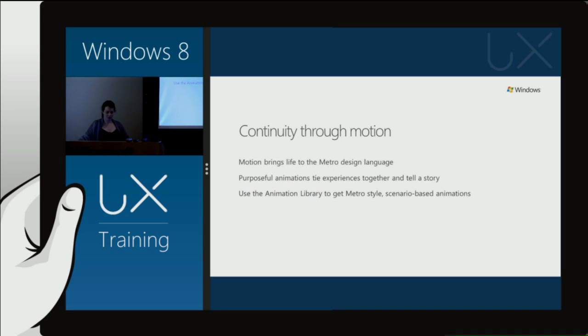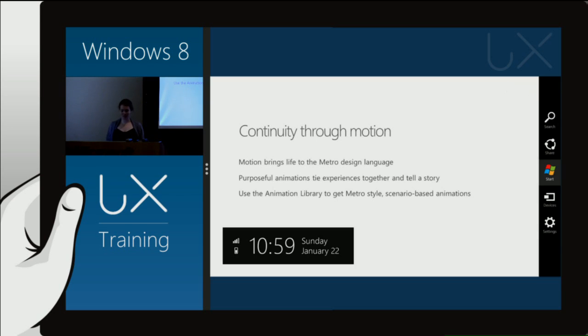And we think that motion brings life to the Metro design language. And on its own, because Metro is very much focused on reductionism, it can be somewhat plain, but where it really comes to life is when you start animating it and when you start tying these screens together in really beautiful, compelling ways. Purposeful animations tie the experience together and really tell a story.